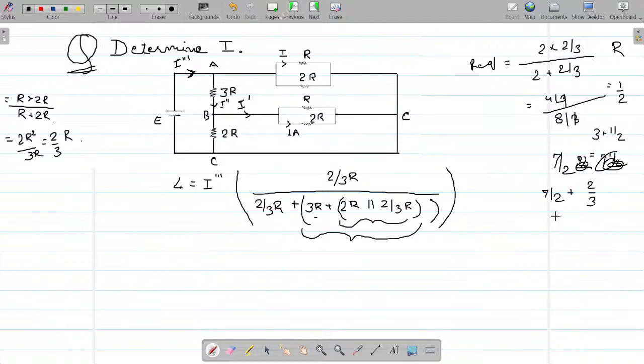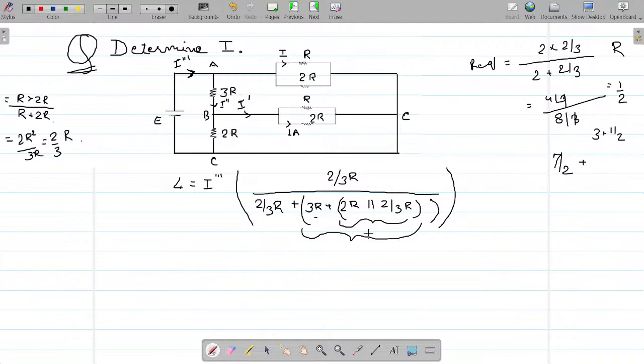What does that make? Tell me, what does 7 by 2 plus 2 by 3 make?